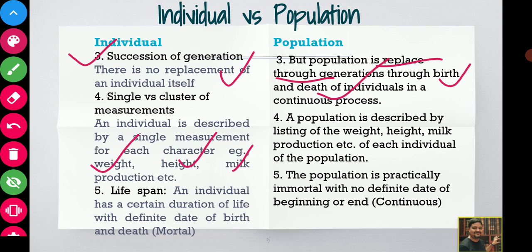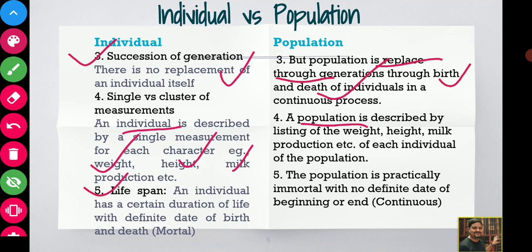So you put your data to certain statistical analysis, such as measures of central tendency and measures of dispersion. These kinds of measurements will be applied in case of population, but for an individual there will be a single measurement. So this is the difference for the fourth characteristic, single versus cluster of measurements. For an individual there will be a single measurement, whereas for a population there will be a cluster of measurements.